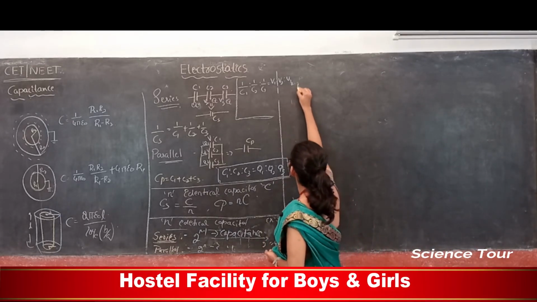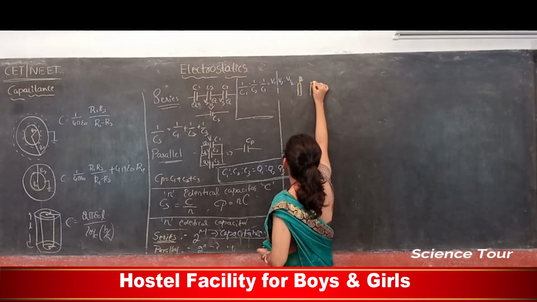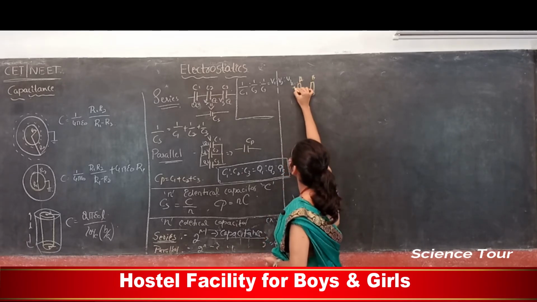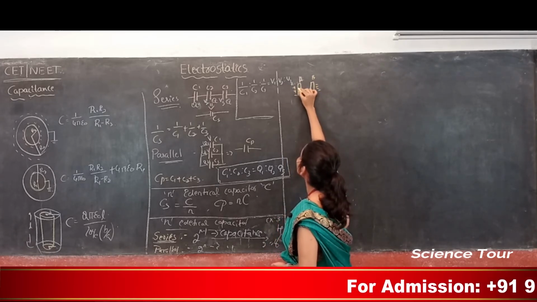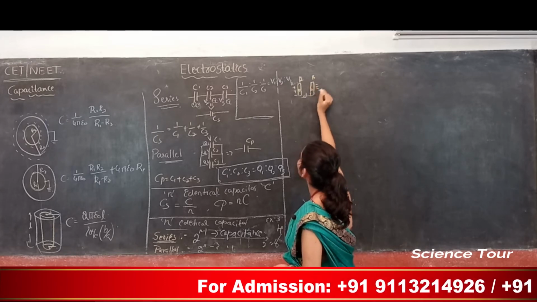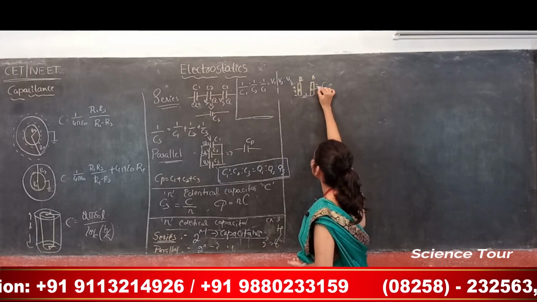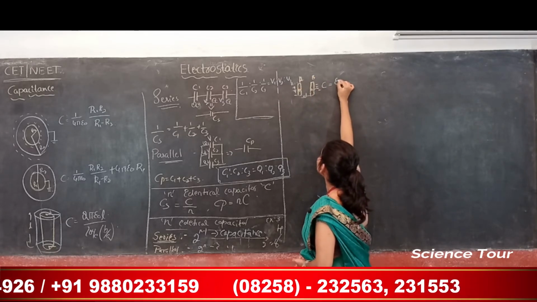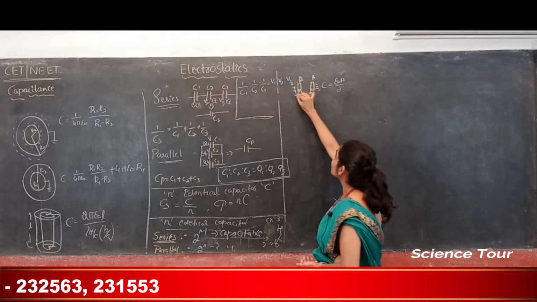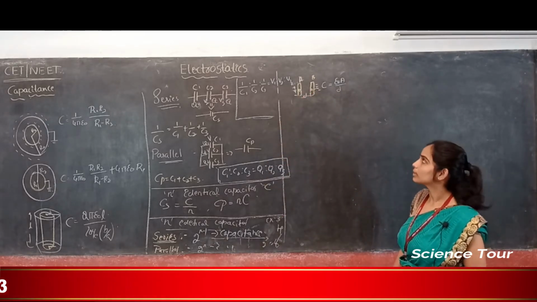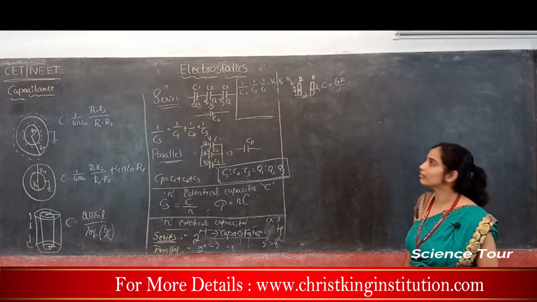Let's say you have parallel plate A and parallel plate B. This is positively charged, this is negatively charged, the separation is d, and the area of both the plates is A. Then the capacitance of these parallel plates is epsilon naught A divided by d. There are two plates here.